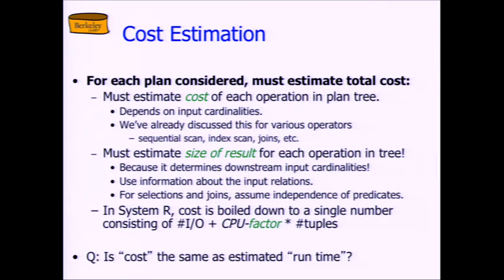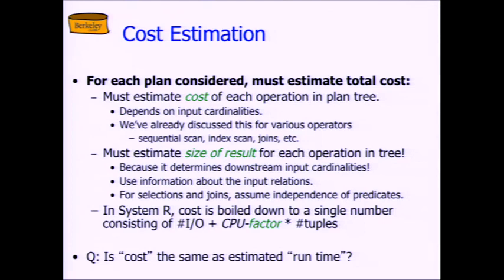But if I tell you things about R, S, and T, and I ask you how much this will cost, your job, which I haven't taught you how to do yet, is to estimate how big the input to that join is, which is to say you have to estimate the size of the output of this join. And that's the tricky bit.